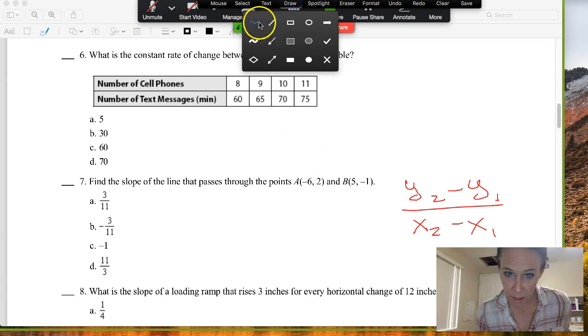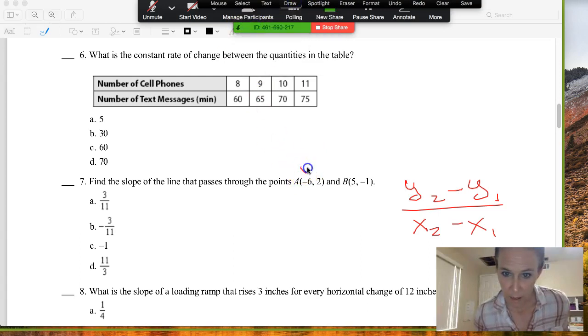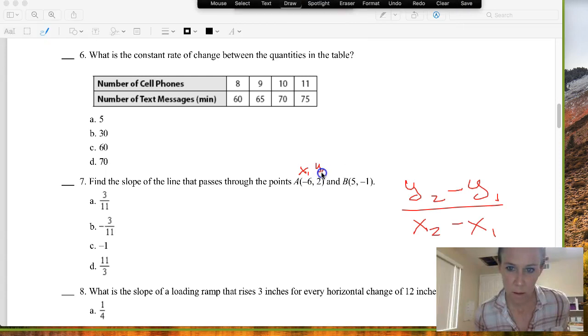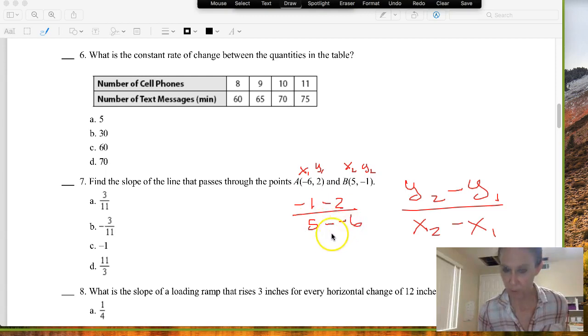So if this is x1, y1, and if this is x2, y2, you're going to go y2 minus y1, so you're going to go -1 minus 2, and then x2 minus x1, which would be 5 minus, double negative here, -6. Careful of those. So -1 minus 2 is -3. 5 minus -6 will be the same as 5 plus 6. The double negative makes a positive, makes 11. So you're going to have -3 over 11, which would be B.